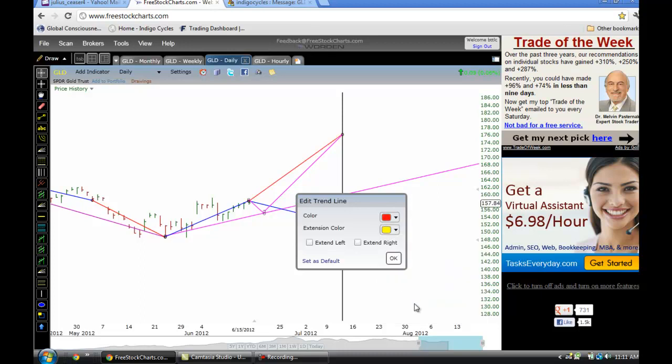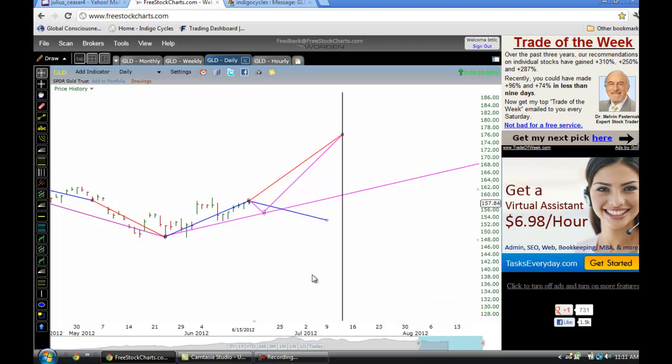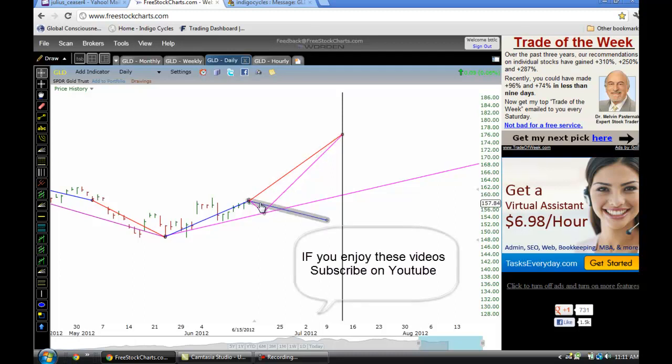When doing this, you want to do 2 alternate routes on this, just in case, so you can follow these lines. This was done on EXK as well. Follow the lines, and depending on what position you may take, if you're looking for the low, you want to make sure that it stays and respects this angle right here, which it will up until probably around the 20th of June.